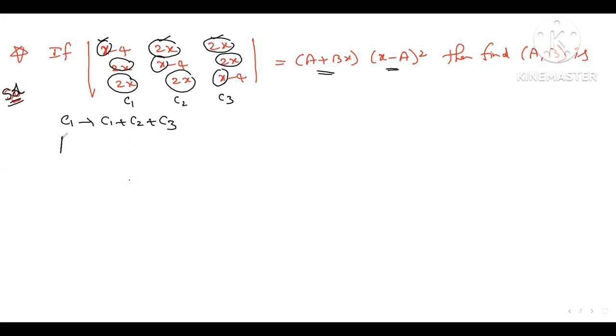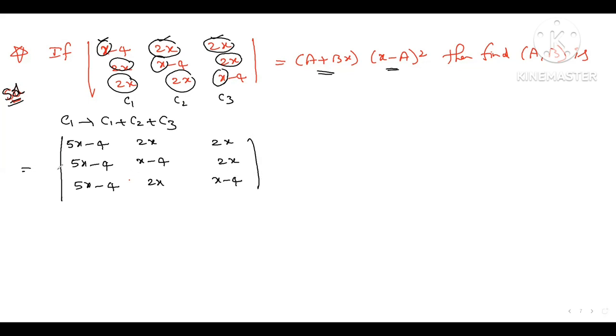What do we get here? All columns are added: 5x minus 4. Here 5x minus 4. Here 5x minus 4. The remaining elements are written as they are: 2x, 2x, x minus 4, 2x, 2x, x minus 4.